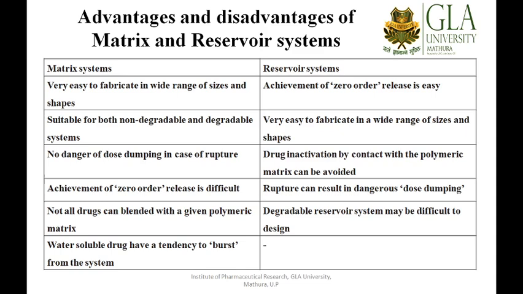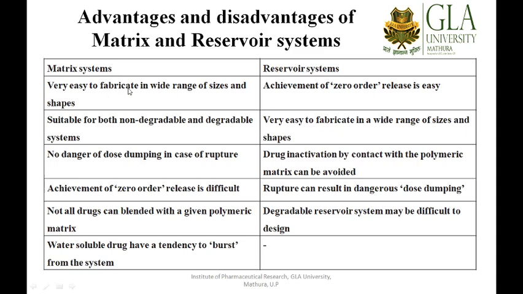Now let us discuss the various advantages and disadvantages of matrix and reservoir type systems. Both of these systems have some unique advantages as well as some limitations. So we can simply summarize the advantages and disadvantages.